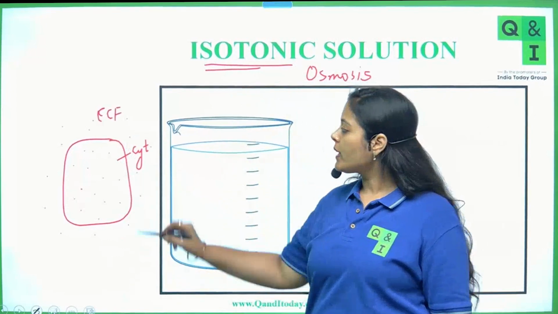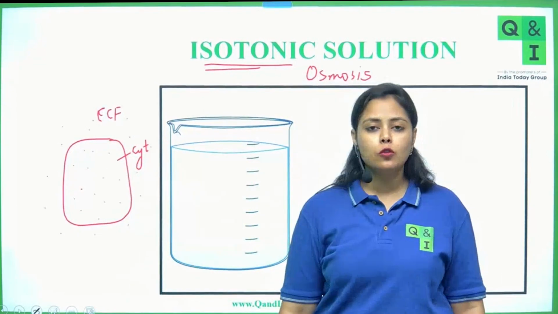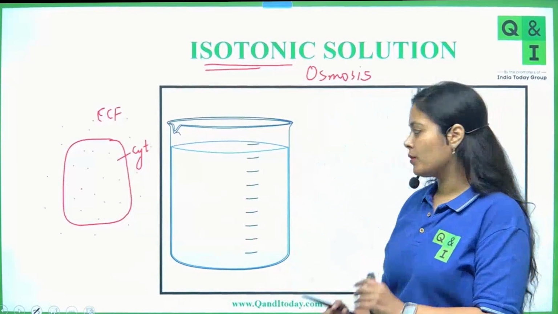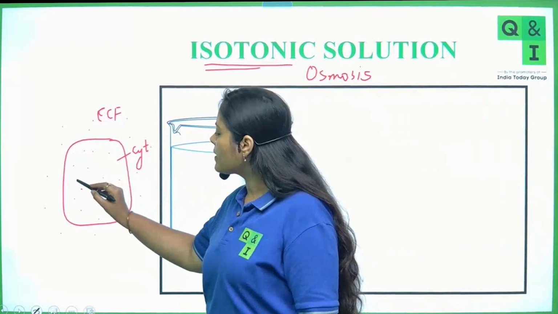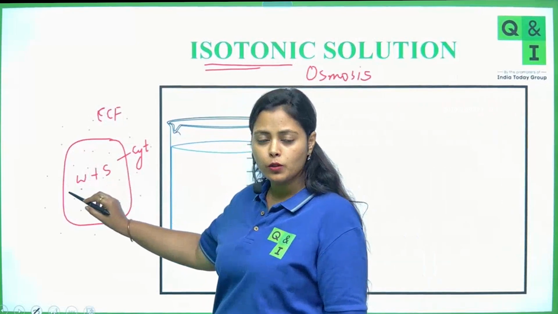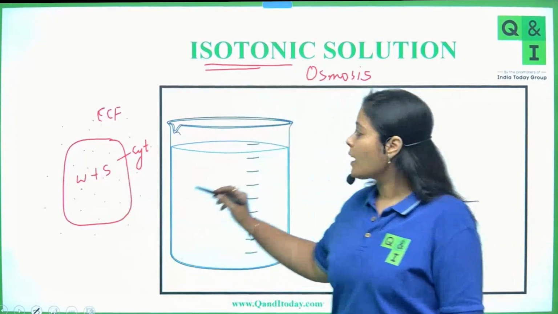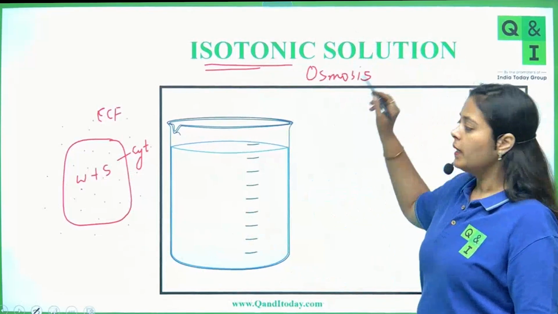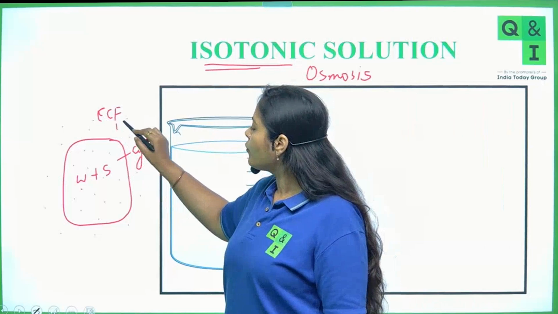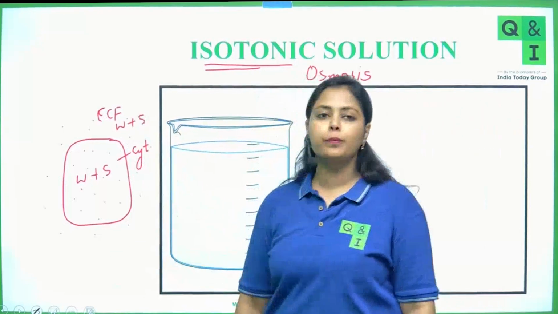Inside the cytoplasm there is also water and some solutes. So inside the cytoplasm you have water plus solutes, that means solvent plus solute. That's why it is called a solution. In extracellular fluid also you have water and solutes present.